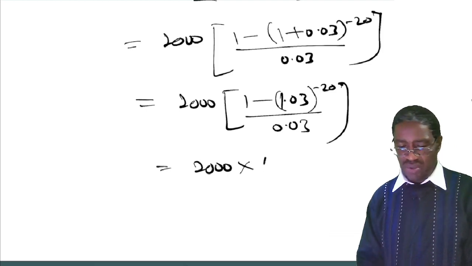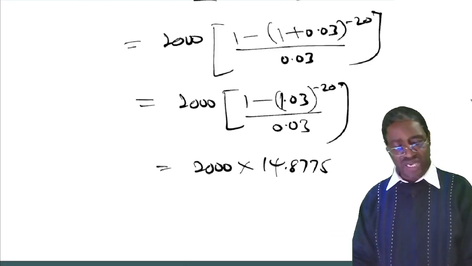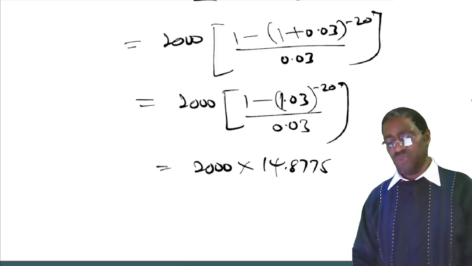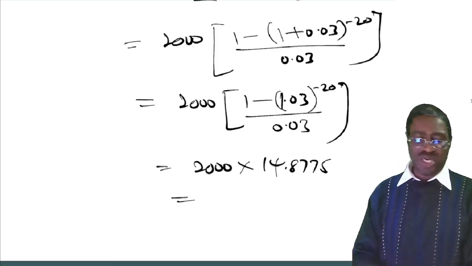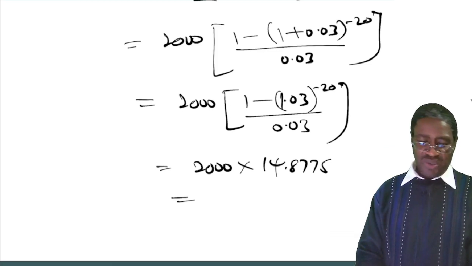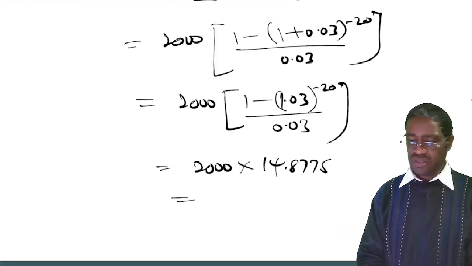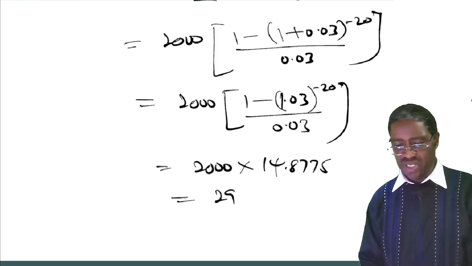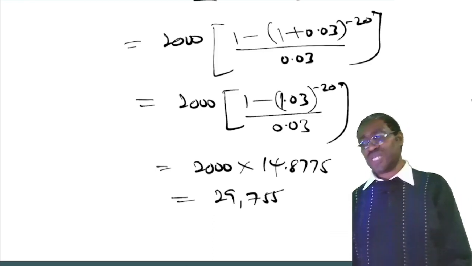I'm getting an amount of 14.8775. Let me put it to 4 decimal places again. Then we multiply that now and we get the present value of the 2,000 annuities. It will be 2,000 multiplied by 14.8775. This looks like 29,755. Good. That's our example number 2.